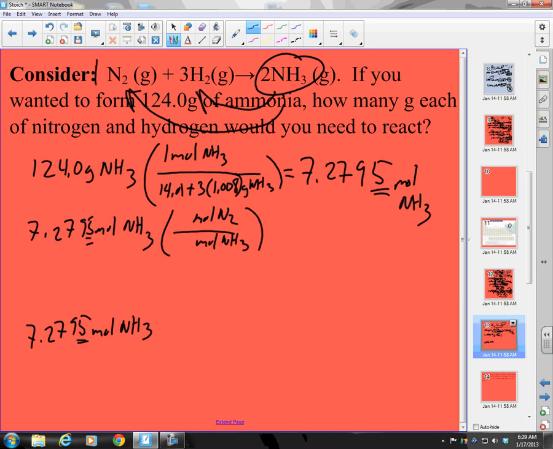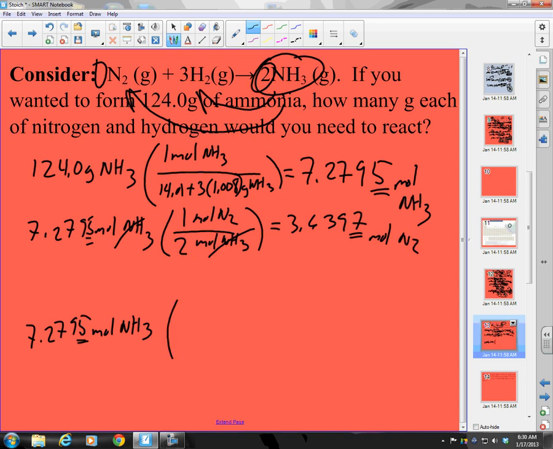And what do I have here? I have a 1 here and I have a 2 here. Cool. And so divide that by 2, and I get 3.6397 moles of what? Moles of N2.